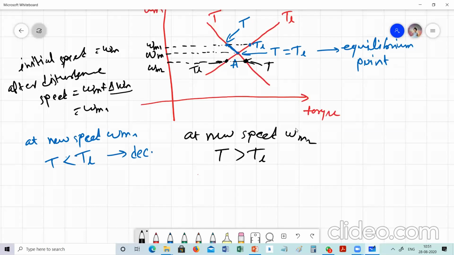This is the new TL, this is the new T. That is, T is greater than TL, which means the machine will accelerate. The speed will increase again and it will come back to the original speed.